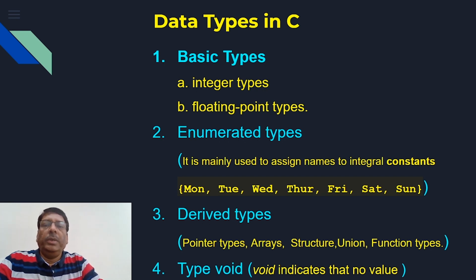Coming to basic types, here we have two different data types: the integer data type and the floating point data type. When you talk about the integer data type, it means you are going to provide an input to your program which can be a number without any fractions.